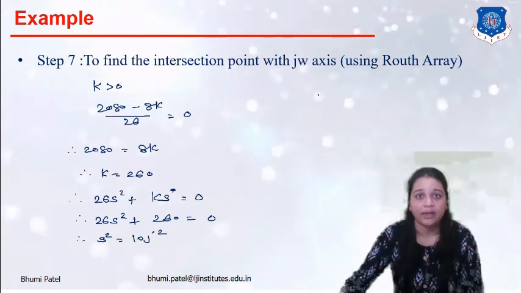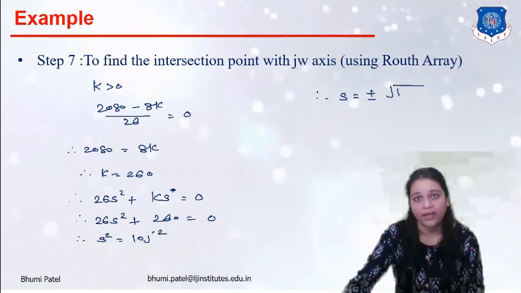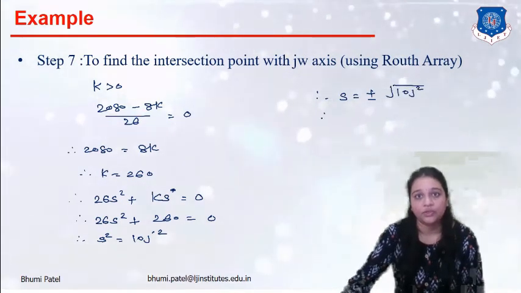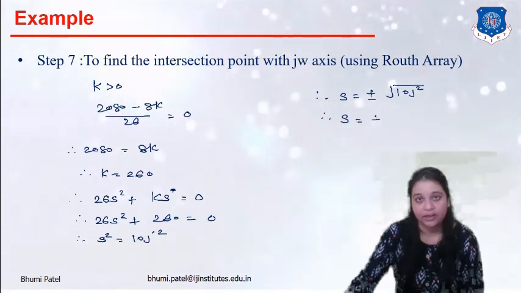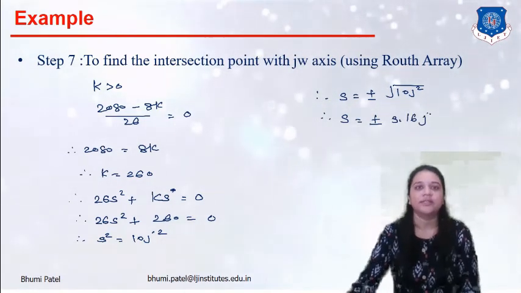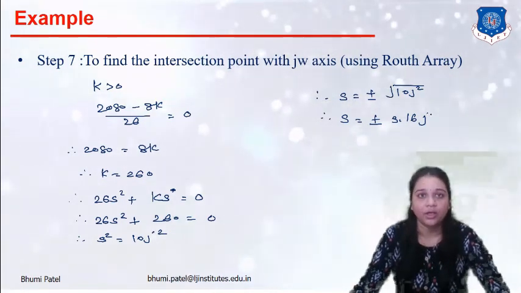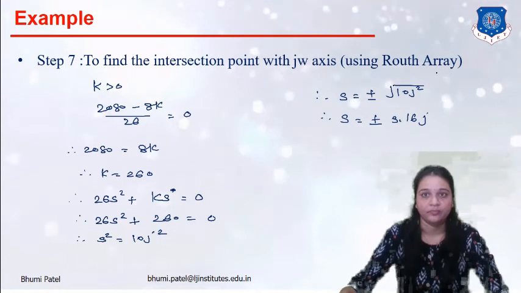So s is equal to plus or minus under root of 10j square, and simplifying this equation, we can get s is equal to plus or minus 3.16j. Okay, so this is the step to find out the root locus of this system.